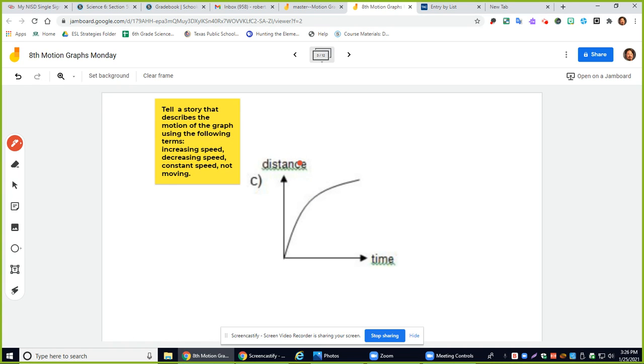Again, the first thing from now on, because you will be seeing 2 different types of graphs on your test, is you need to go straight to the units and see what we're dealing with. In this case, we're dealing with a distance time graph.